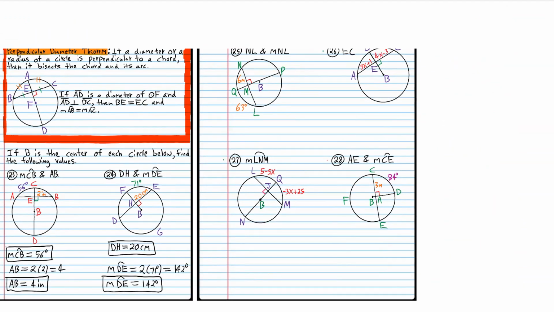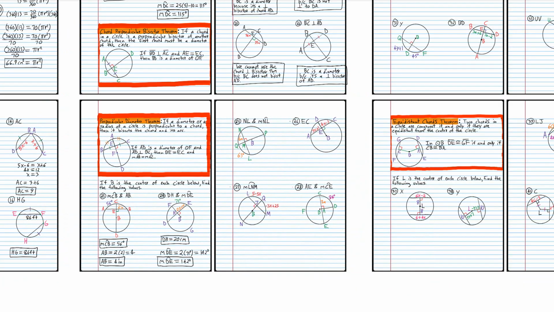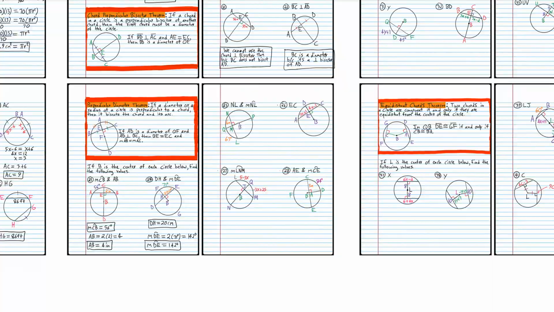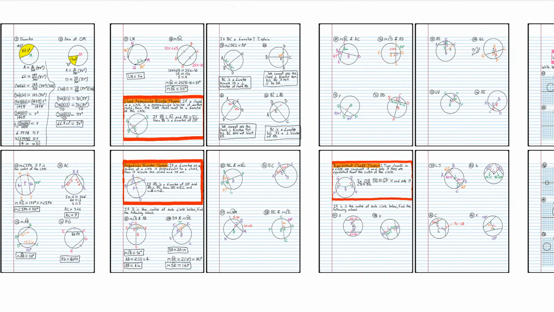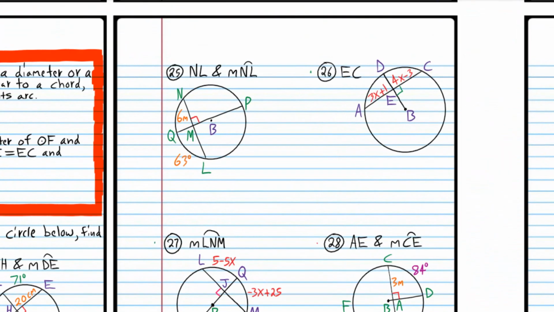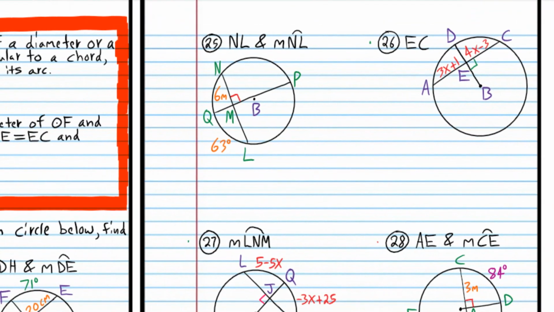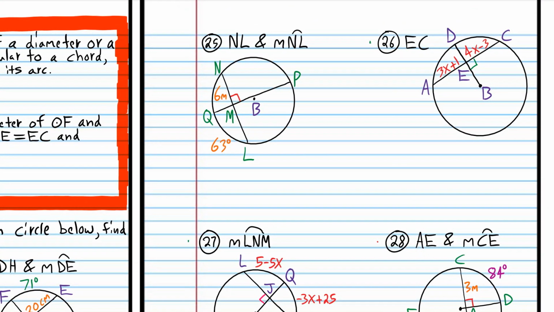All right, on to 25. Let me get an idea of how many of these we have to go. We're looking for the measure of arc NL.